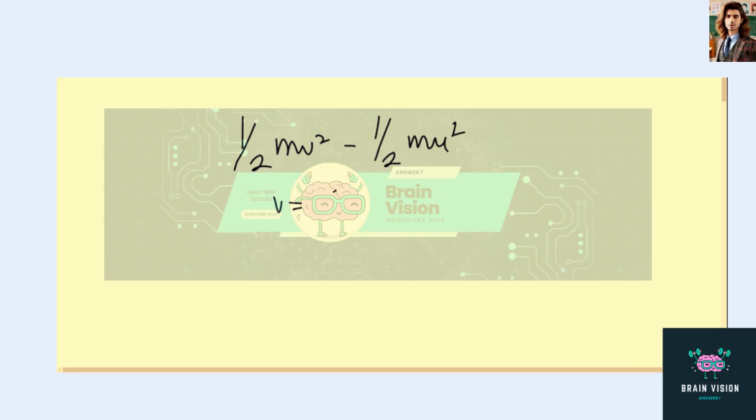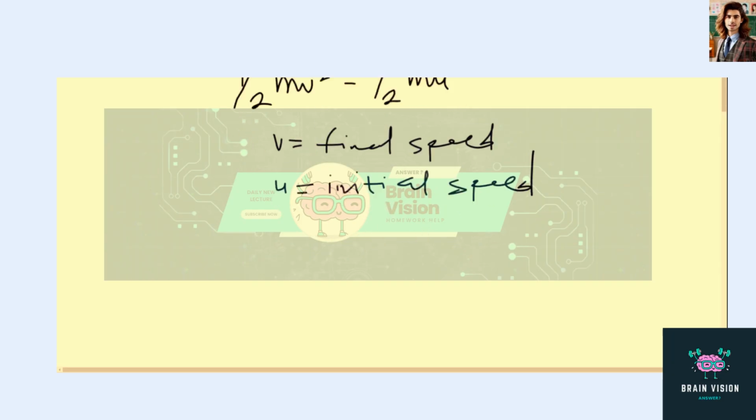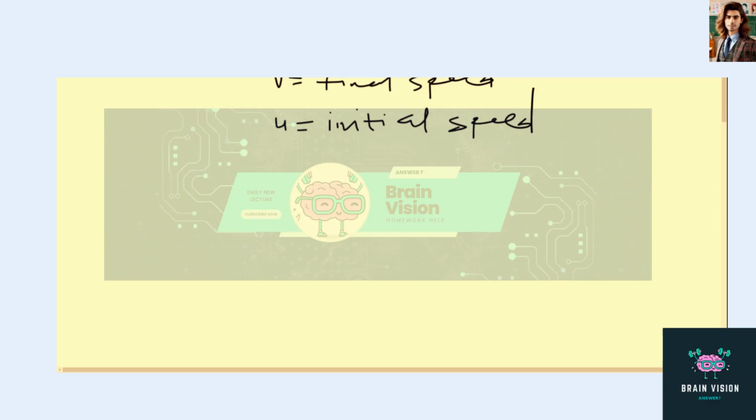The kinetic energy is half mv squared minus half mu squared, where v is the final speed and u is the initial speed or velocity. Now we are saying that this kinetic energy is equal to the thermal energy.